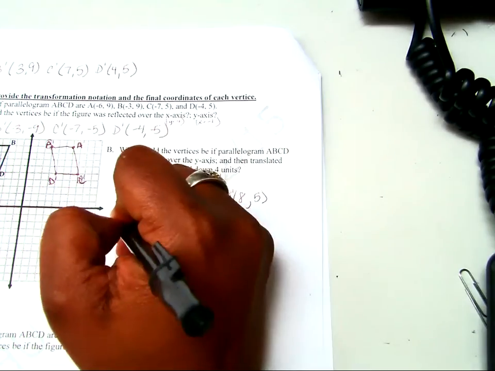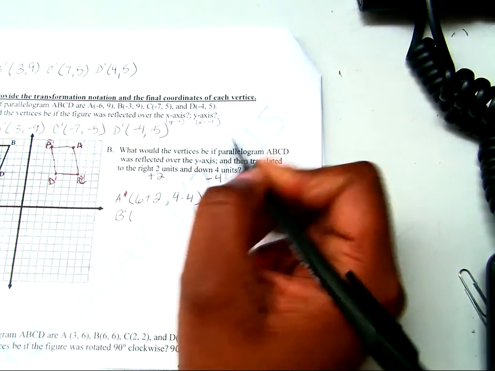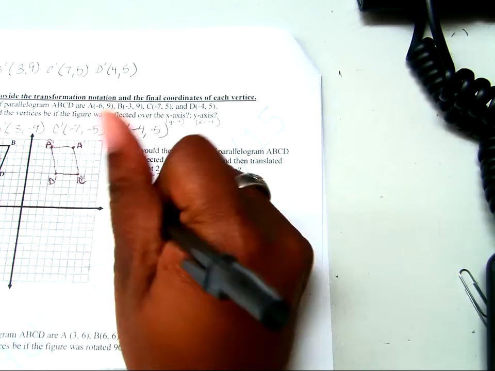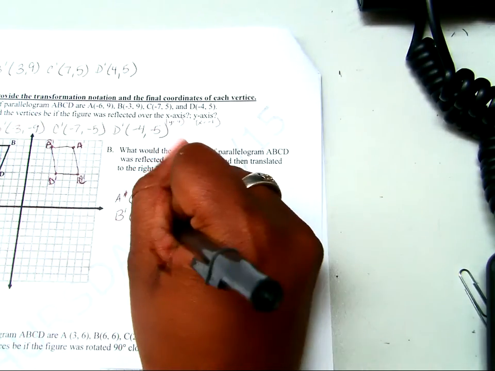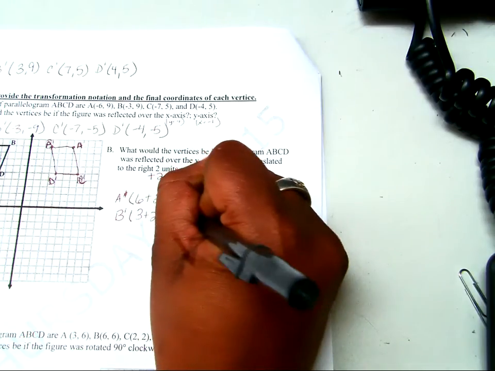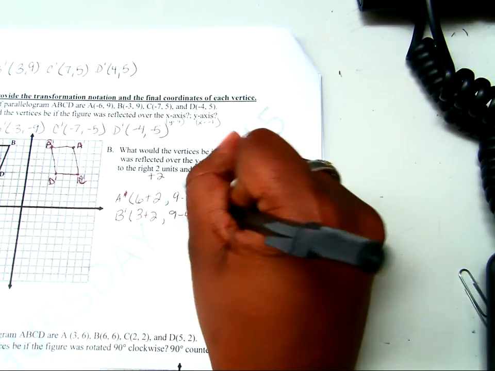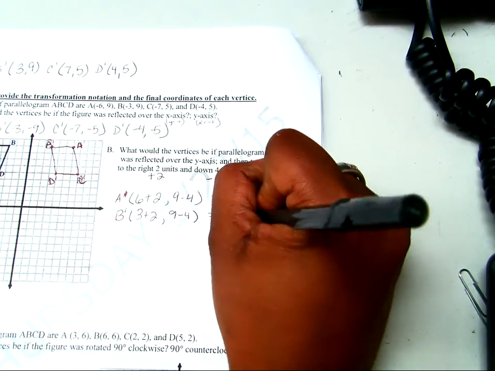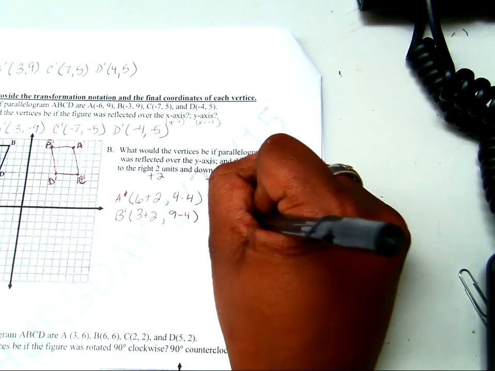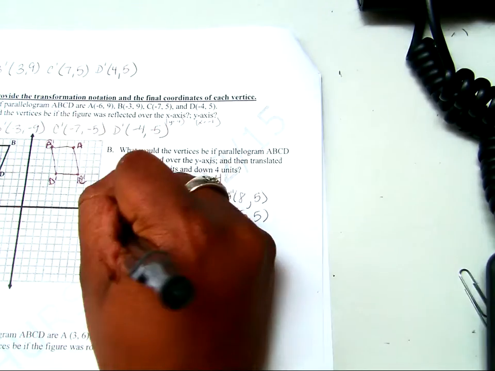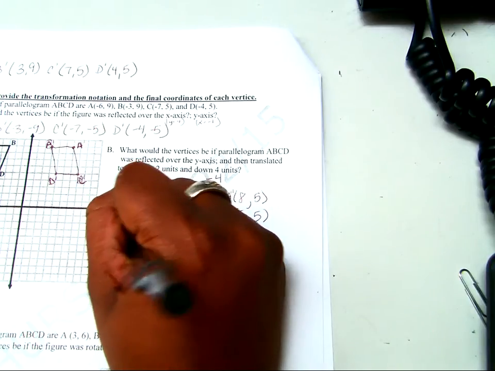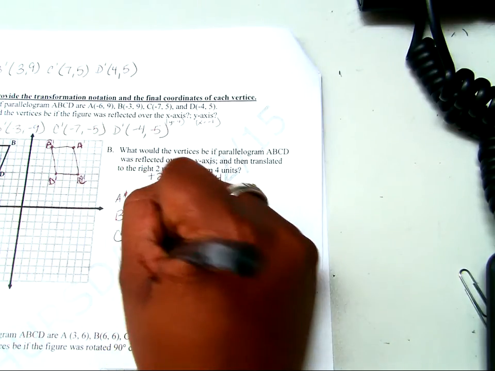Let's do B prime. We changed that. So we got 3 plus 2, comma, 9 minus 4. B prime prime is 5, 5. Do it again. C prime. We got 7 plus 2, comma, 5 minus 4.